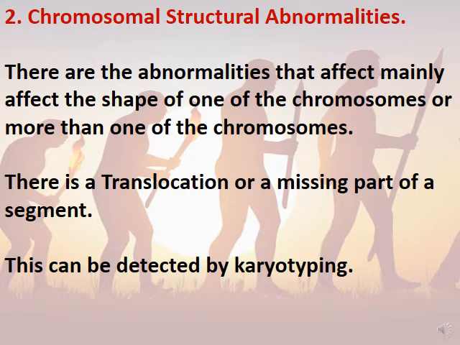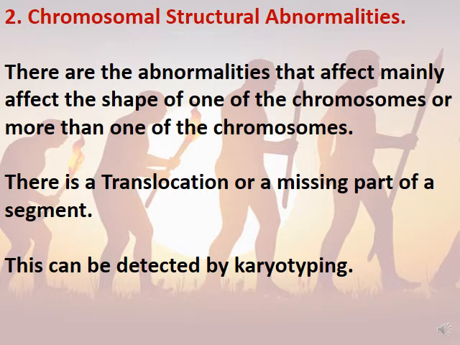Chromosomal structural abnormalities. Before, we talked about the chromosomal numerical problems, while here we are going to talk about the structural abnormalities. They are the abnormalities that affect mainly the shape of one or more chromosomes. Either we have translocation, meaning that a part of a chromosome, let's say 10, is going to be translocated to chromosome number 15.